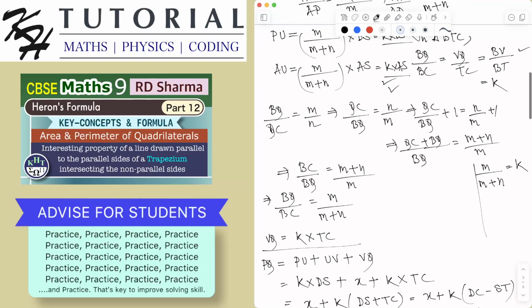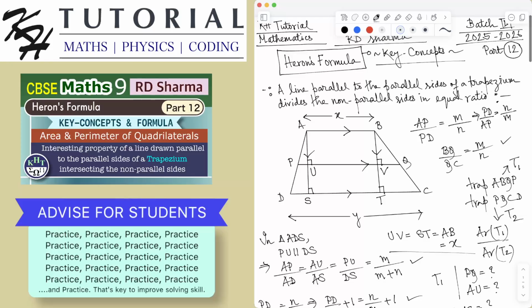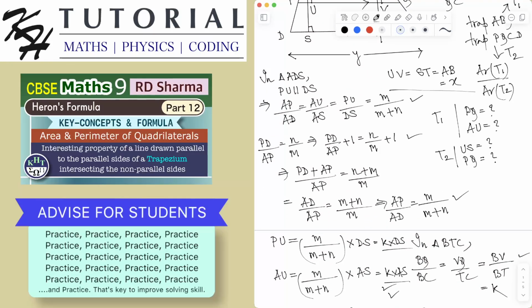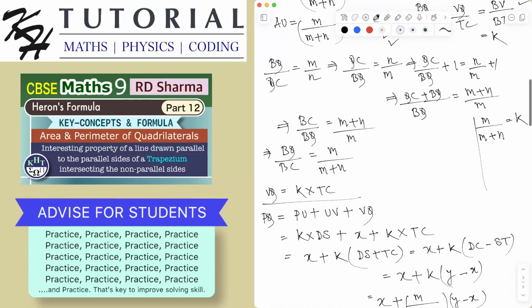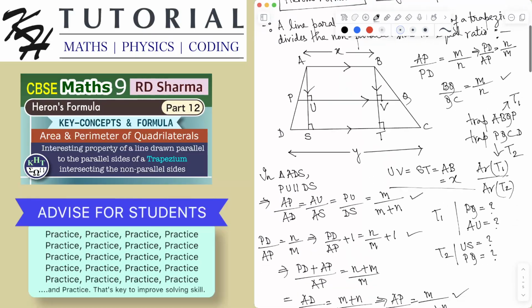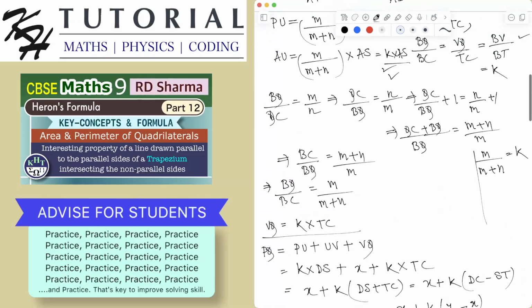So PQ is equal to PU plus UV plus VQ. PU is equal to K into DS, UV is equal to x, and VQ is K into TC.